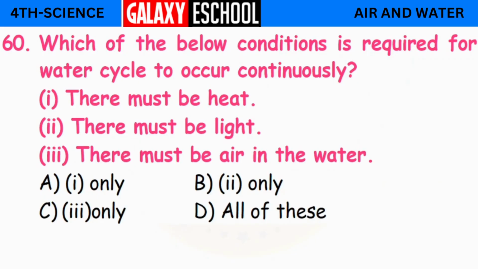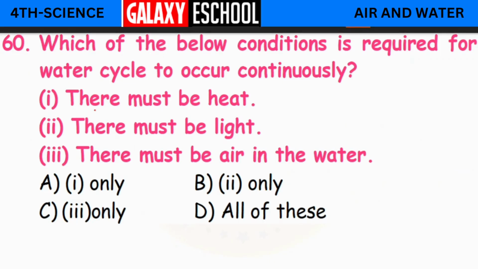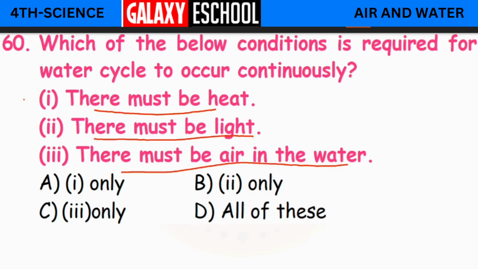Now the 60th question. Which of the below conditions is required for the water cycle to occur continuously? You have 3 conditions in the options. Either there must be heat, or there must be light, or there must be air in water.